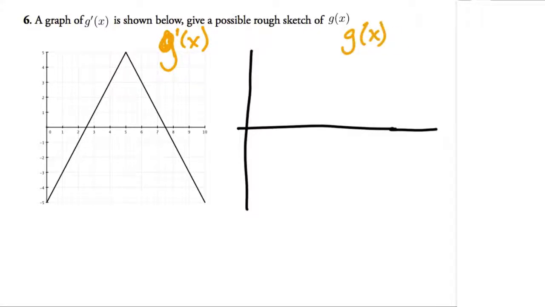Okay, so let's break it down one step at a time. Remember that let's break down the positive and the negative aspects of it. So here, because it's negative from 0 to 2-ish, that means that this one is going to be decreasing.